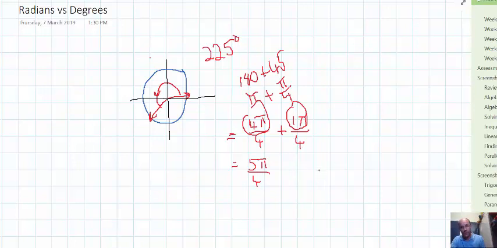So they're equivalent. So anytime you see something that's got a pi in it, like y equals 3 sine 3 pi on 4 x, that is an indication that we are in radians, and radians are the more useful for modelling trig functions.